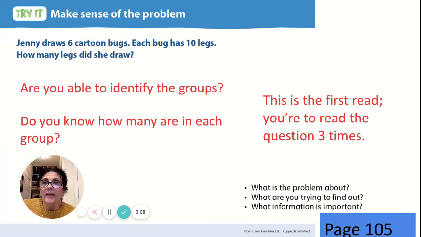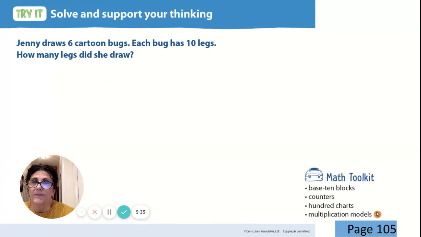So welcome back. And I hope you were able to identify the groups as being 6 cartoon bugs. So how many bugs do we have? We have 6 bugs, and each bug has 10 legs. So this would be 6 times 10. The repeated addition would be the second factor. So you could skip count by tens 6 times.